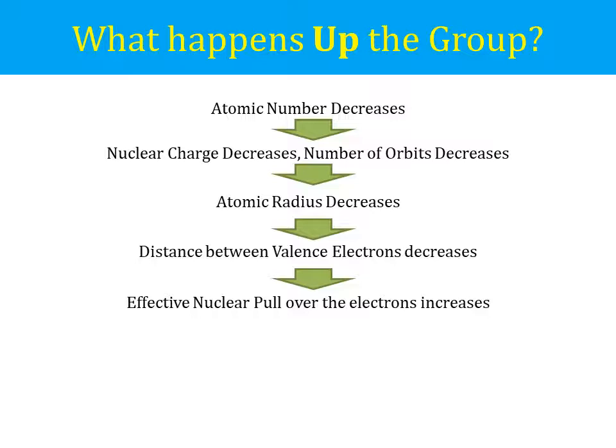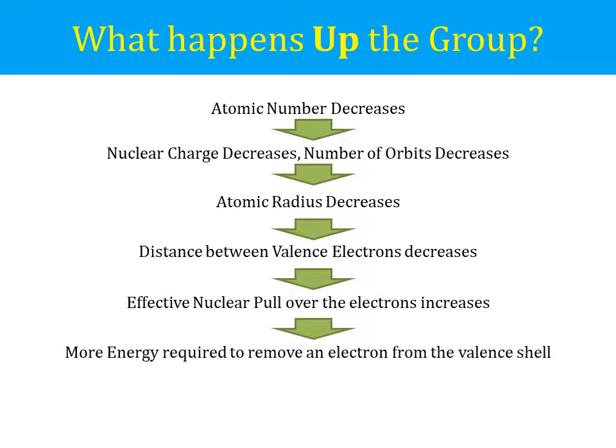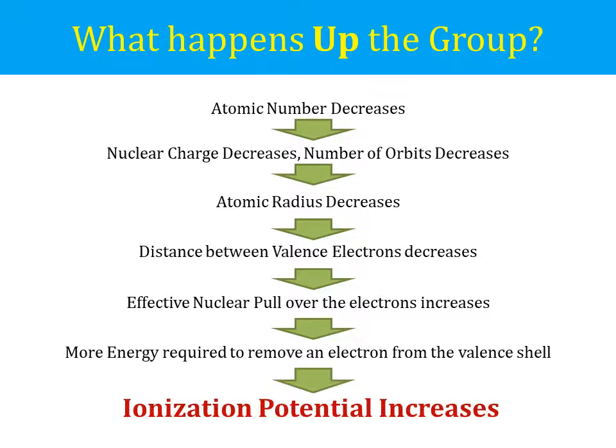So it's just the reverse up the group. Hence, if the nuclear pull on the electrons increases, more energy is required to remove an electron from the valence shell, which means the ionization potential increases. So it's just the opposite.